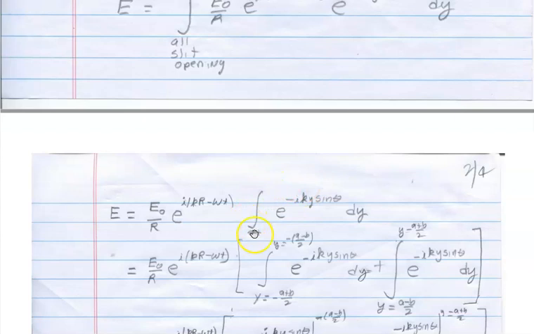The only complication is I'm integrating it over just the slits. And so I can integrate it over the bottom slit when y goes from minus a plus b over 2 to y equal to minus a minus b over 2 of this quantity. And then I add that to the integral over the top slit, which is y goes from a minus b over 2 to y equal to a plus b over 2.